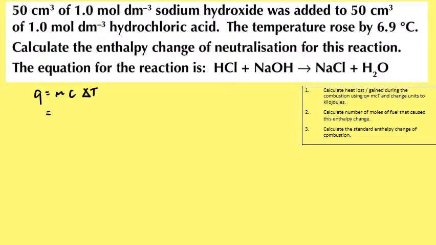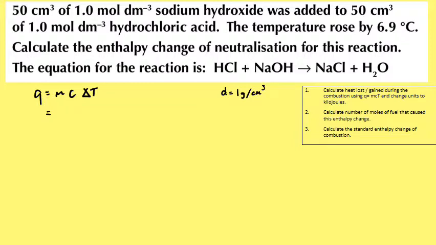Now, here's the question then, what is M? Well, M is the mass of the solution. So we've got 50 cm cubed of sodium hydroxide, and we've got 50 cm cubed of hydrochloric acid. Both of them are mostly water, so we can assume that the liquid has the same density as water. The density of water is 1 gram per cm cubed. You know that.